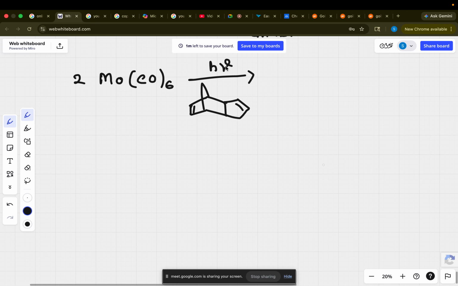This is the question, try to solve. So you have 2 moles of this molybdenum CO6 compound, and you have this dimer of cyclopentadienyl. In presence of h nu, what will happen? Try to solve it, do it.